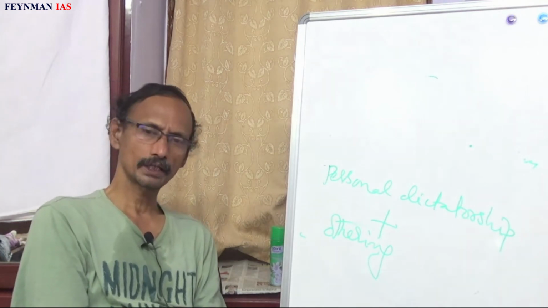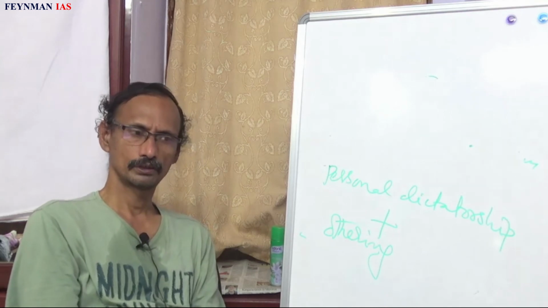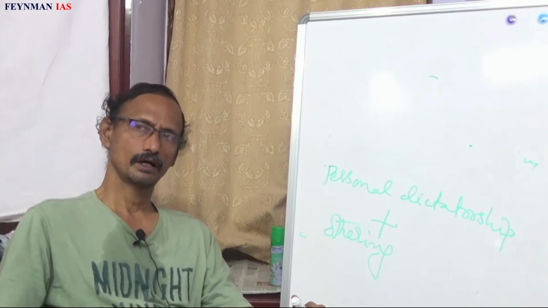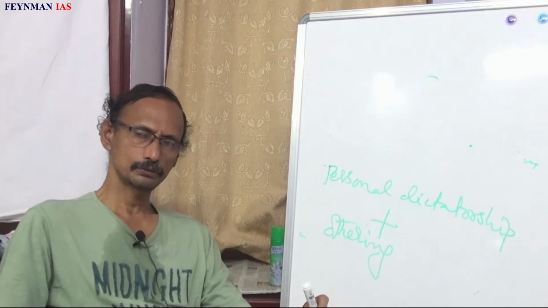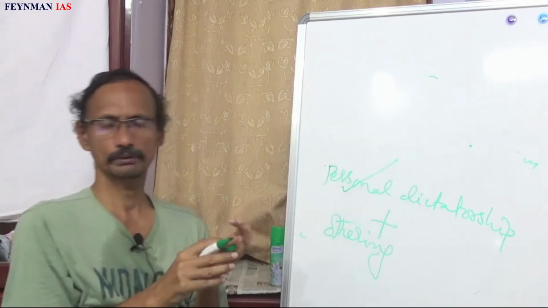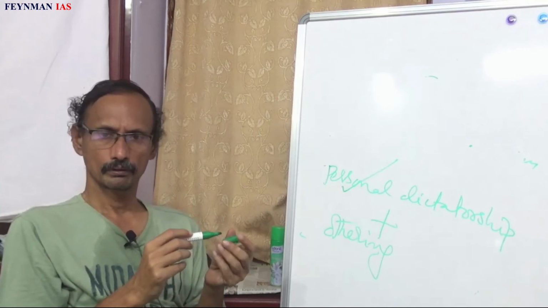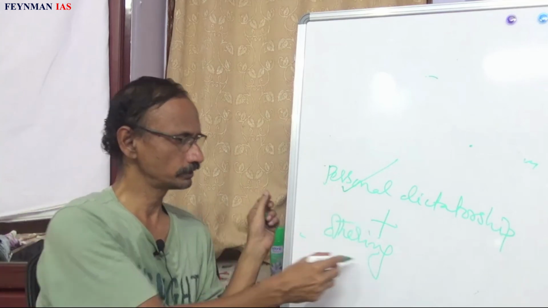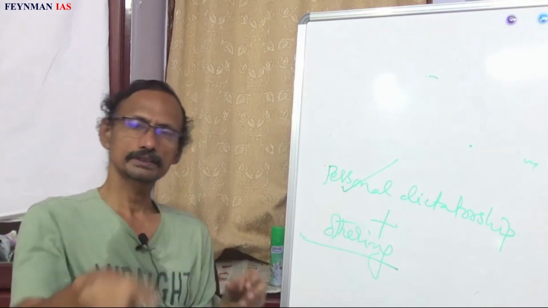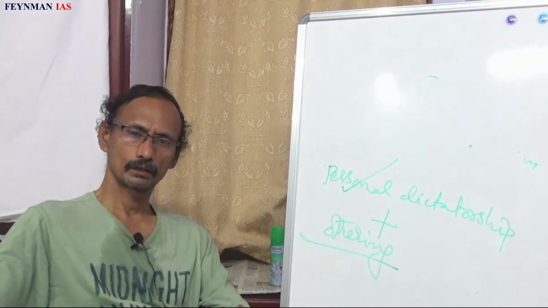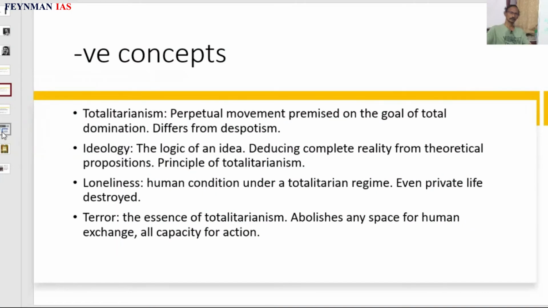So to arrive at totalitarianism, Hannah thought of dissolution of personhood, whereas I am proposing that it is true totalitarianism is much more than personal dictatorship. But totalitarianism can be explained by adding one element to this personal dictatorship, that is othering. Othering means you create one group as the other.